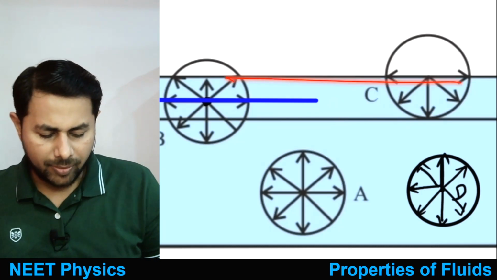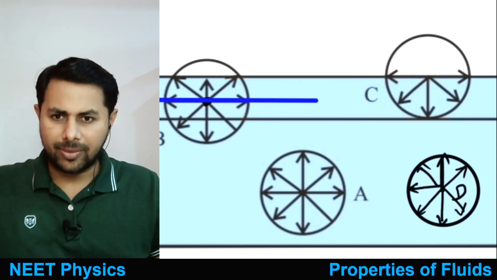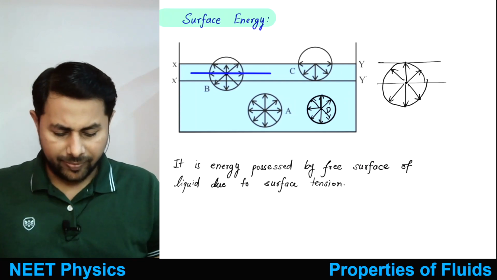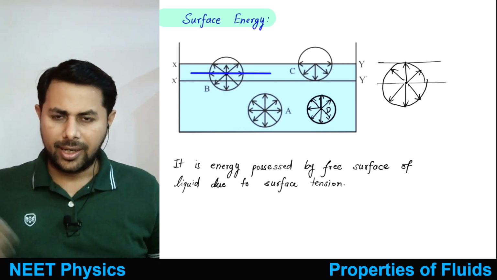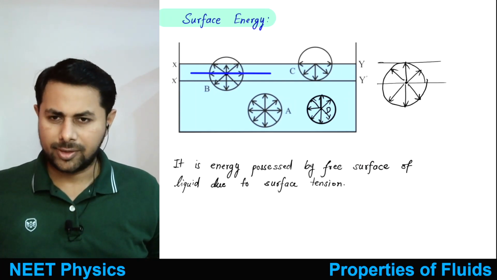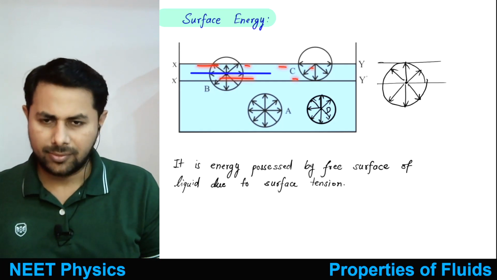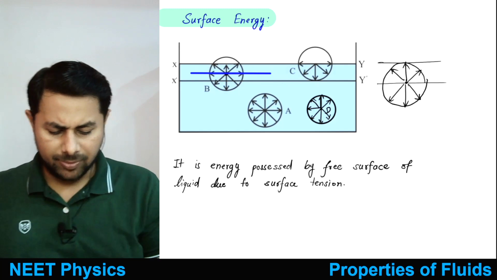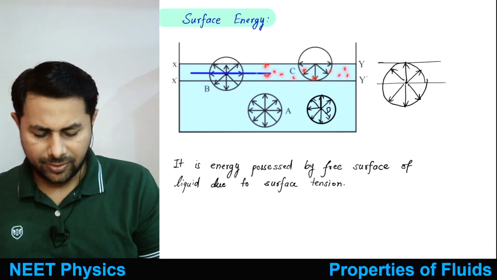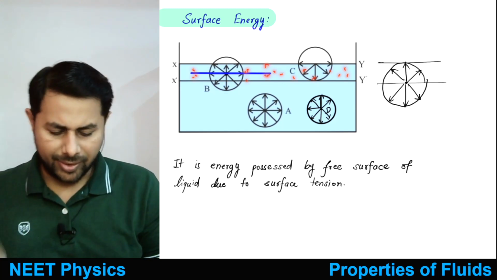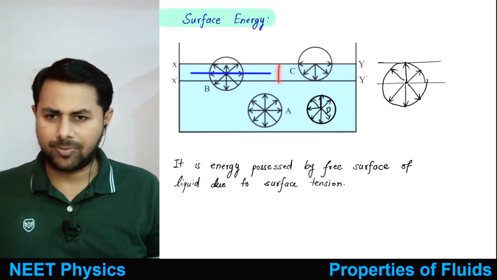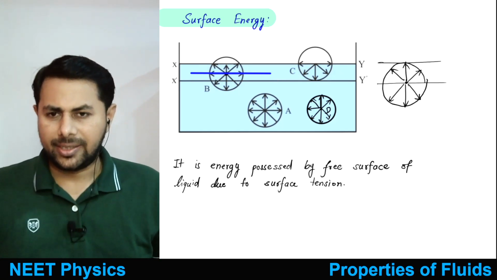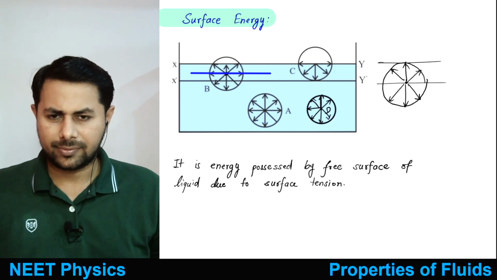So the molecules on the top surface, or you can say in the top layer of the liquid, have excess energy. Molecules at the free surface and up to the depth of the range of molecular attraction, within the layer of thickness equal to the range of molecular attraction, will have some extra energy, right?